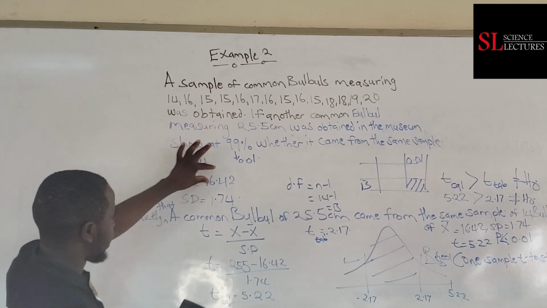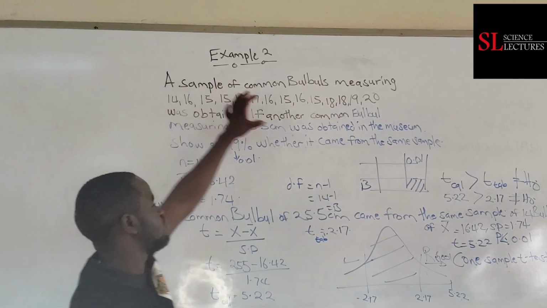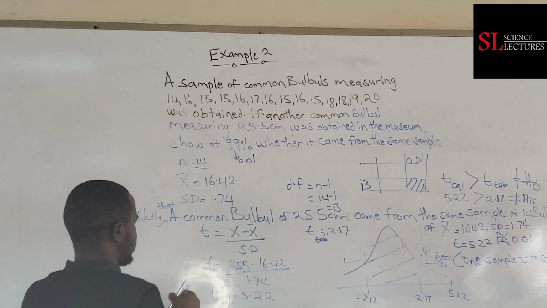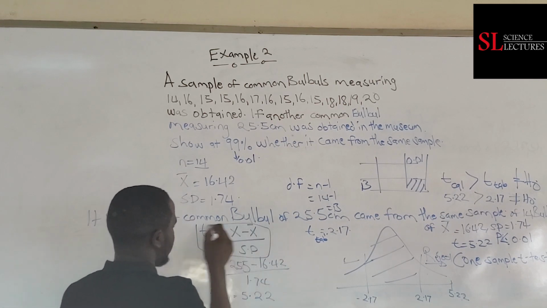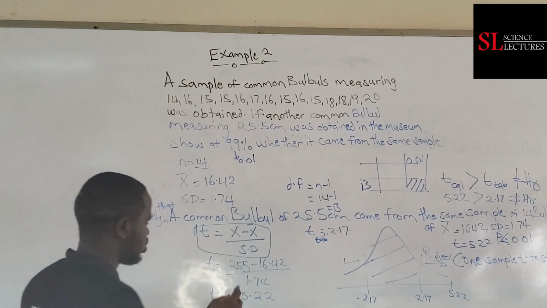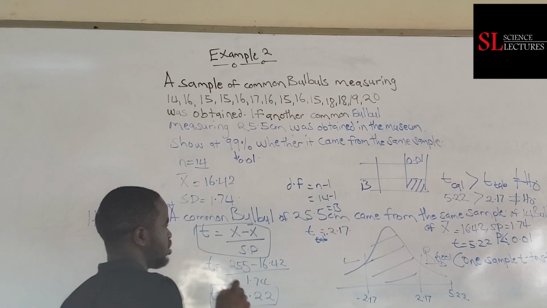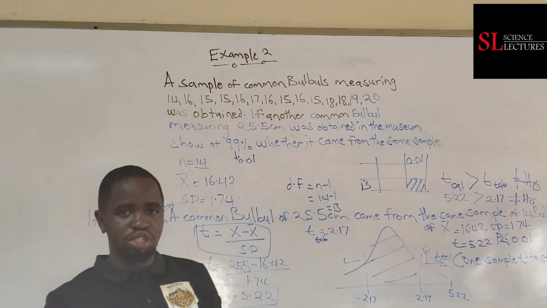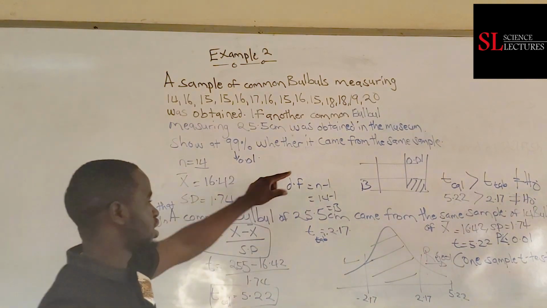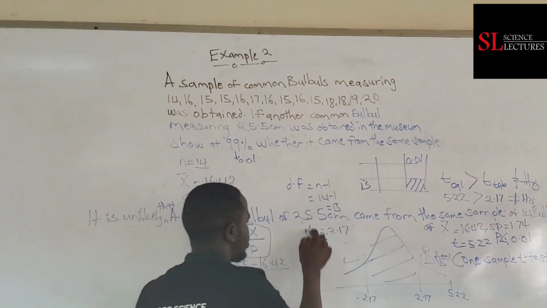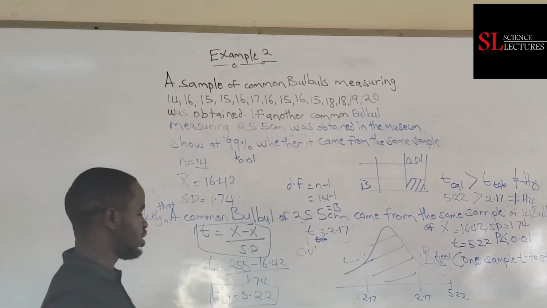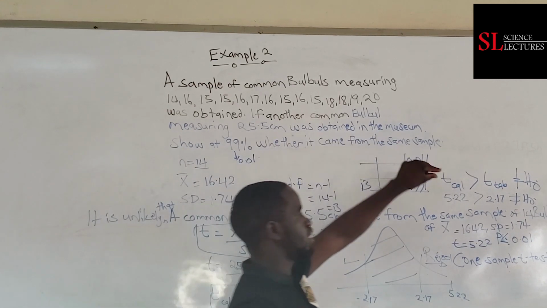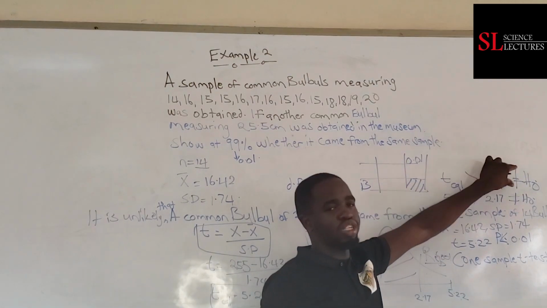Get the mean, get the standard deviation if given, then substitute in this formula, which is very important. After that, you obtain the t calculated value. Go to your t distribution tables, which is appendix 2, obtain the tabulated value, or what they call the critical value. Compare the calculated value and the tabulated value. Whenever the calculated value is greater than the tabulated value, reject the null.